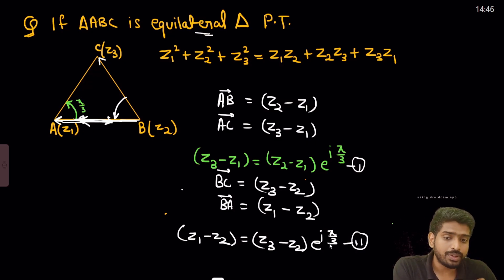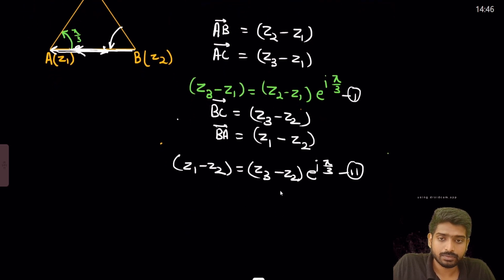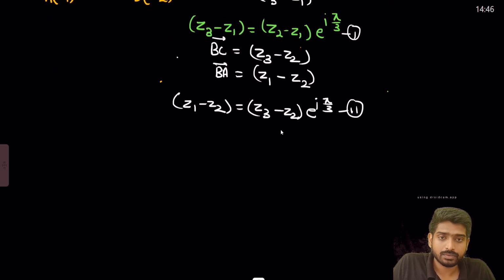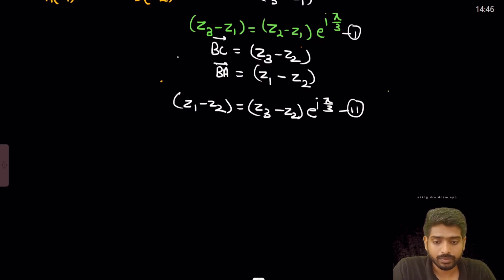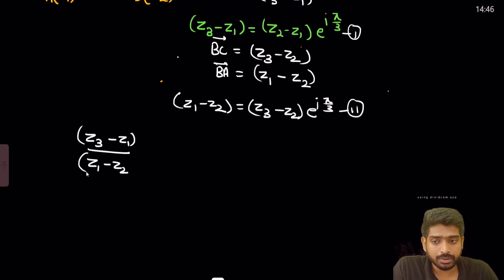Now we will divide both the equations. So what we'll get? Here we'll get Z3 minus Z1 divided by Z1 minus Z2.